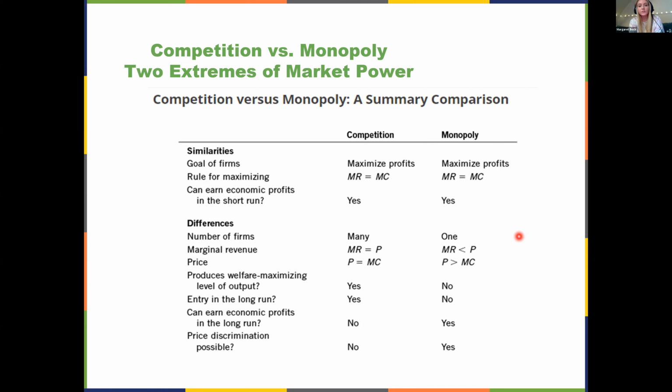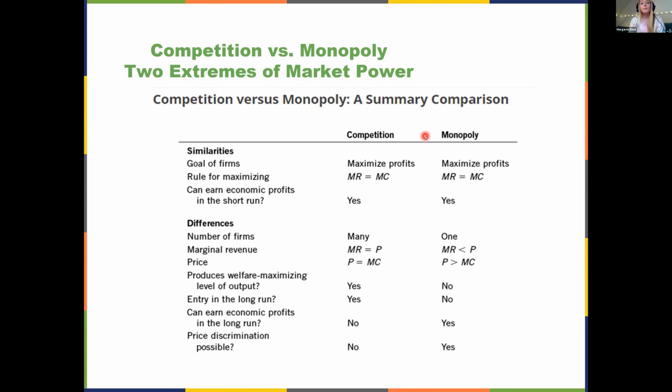So the videos next week, to give you a little preview, are going to be talking about market structures that exist in between these two extremes. So we have perfect competition on one end of the spectrum and monopoly on the other end of the spectrum. Next week, we're going to introduce two different market structures that lie in the middle of perfect competition and monopoly.